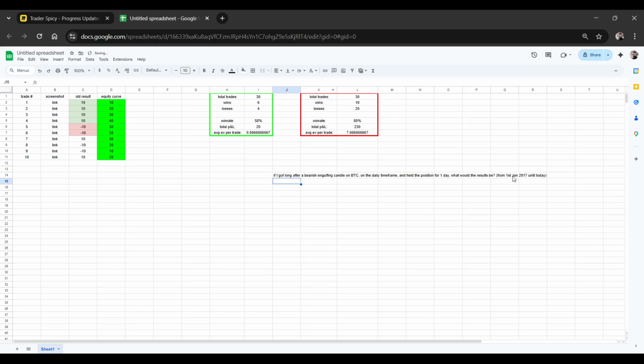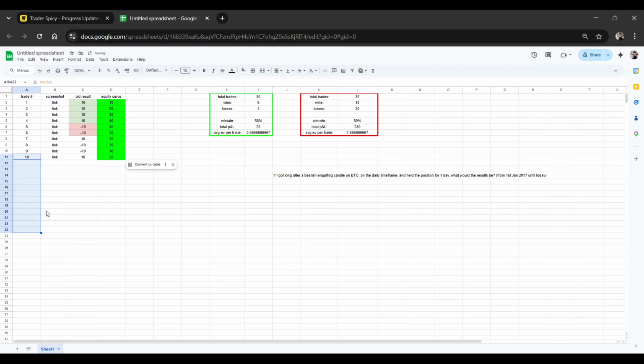There we go. Because we want to select a start and an end date for the backtest. So if I got long after a bearish engulfing candle on Bitcoin on the daily time frame and held the position for 1 day, what would the results be from 1st January 2017 until today? So we go into TradingView, we put a little mark every single time there was a bearish engulfing candle, and then we measure the return over the next candle.